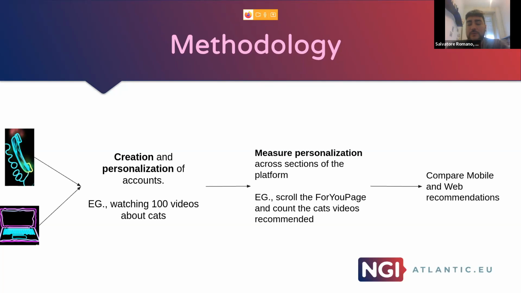Then what we did was to measure the personalization across different sections of the platform. So, for example, after watching 100 videos of cats, we went to the For You page, the homepage of TikTok. We scrolled the home page and collected all the recommended videos, and we counted how many of them were related to cats, and whether on the mobile and web applications we received the same recommendations, basically.